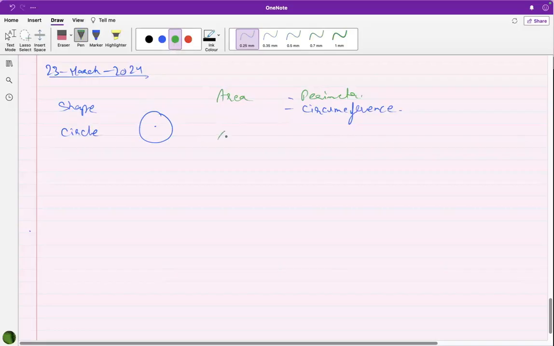So circle area is pi r squared, where perimeter is 2 pi r. And a semicircle is a half circle, and the area would be half of that, and perimeter would be pi r plus 2r.